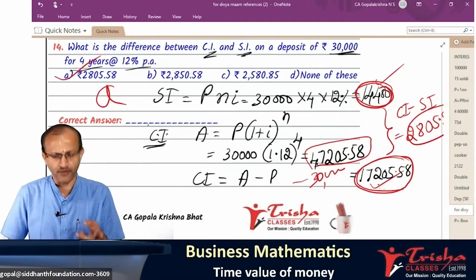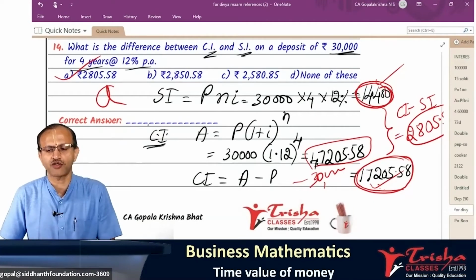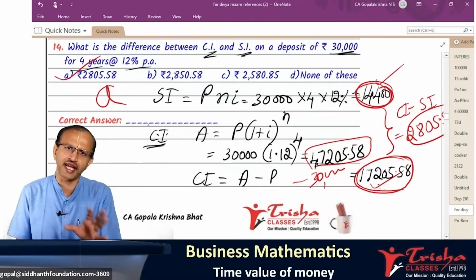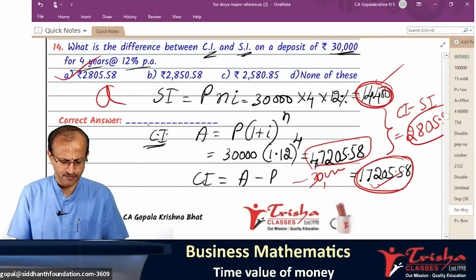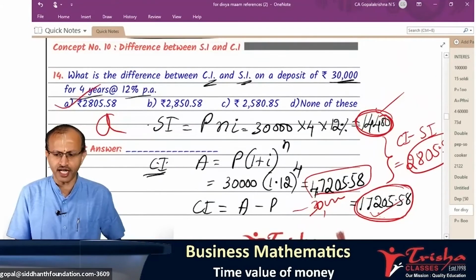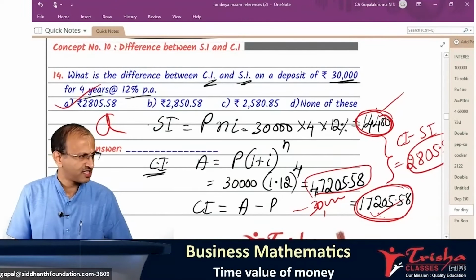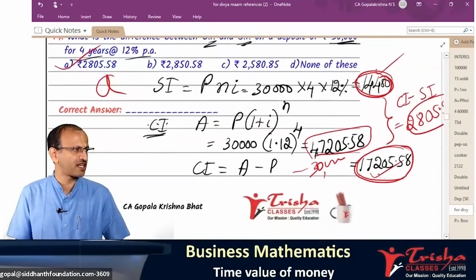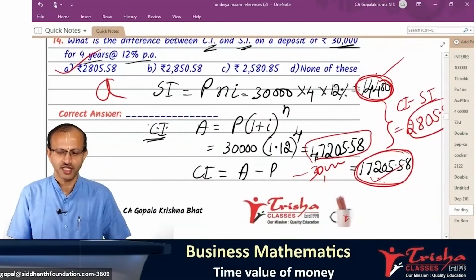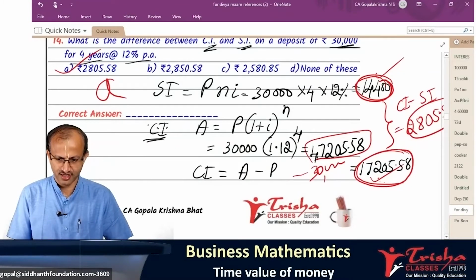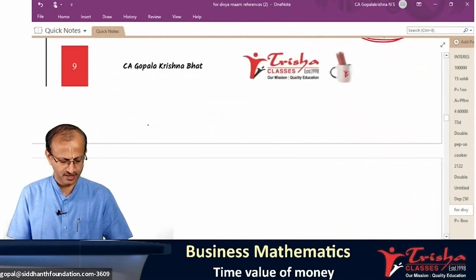Amount minus principal: 47,205 minus 30,000 deposit. In CI logic, you always get A. Deduct the principal, you will get the income. If done, completed, I will go to the next one. Everyone clear about it? It's simple, so no shortcut required.